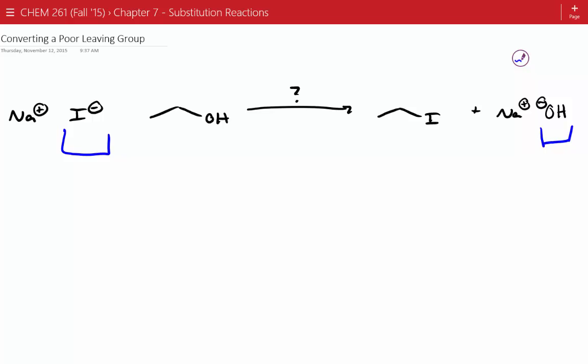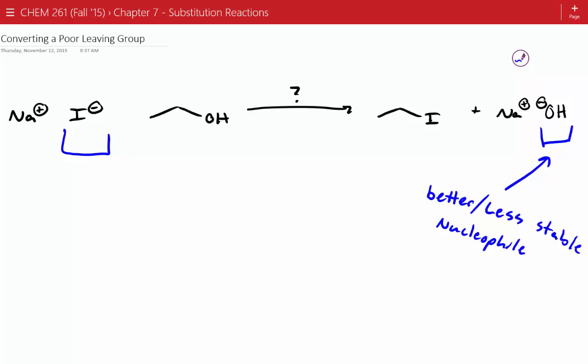Which is the better nucleophile? The OH is. So we can go through and we can say this is a better or less stable nucleophile.